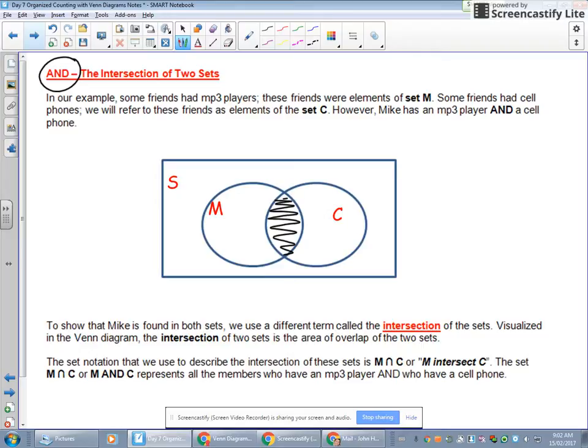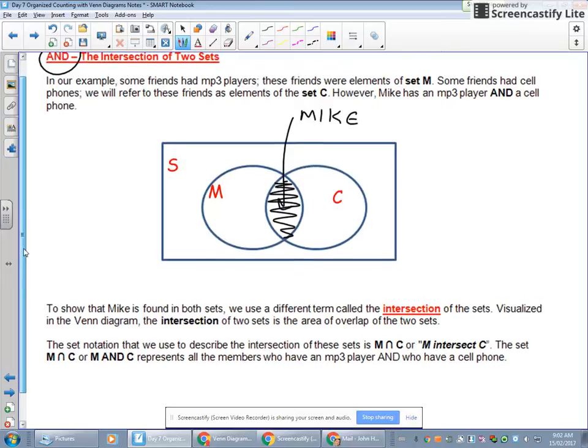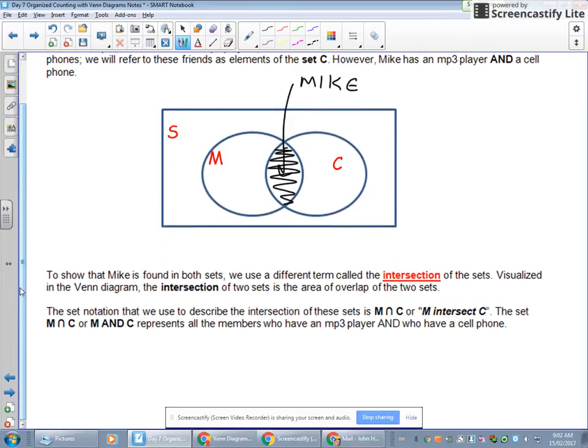Who had both a cell phone and an MP3 player was Mike, right? So here would be Mike, on the intersection of those two, okay? And I think from our pretest, that idea of intersection seems to be clear. I think we understand that.